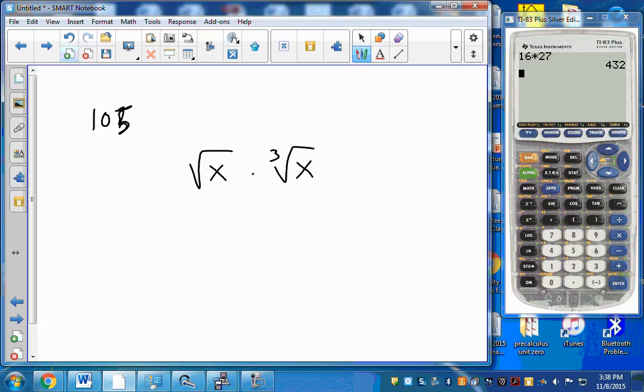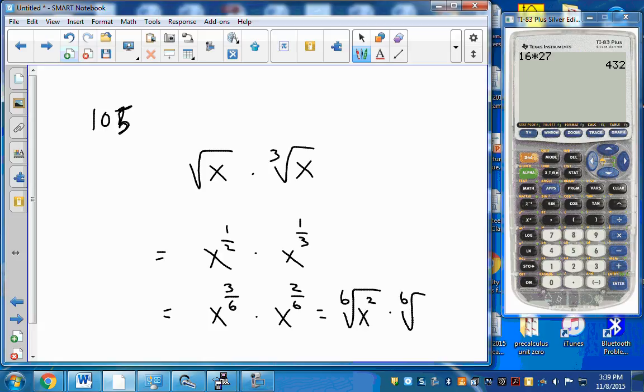So this is x to the 1/2, and this is x to the 1/3. So this is x to the 3/6, using the same trick I did in the previous one, x to the 2/6. So this now is the 6th root of x squared and the 6th root of x cubed.